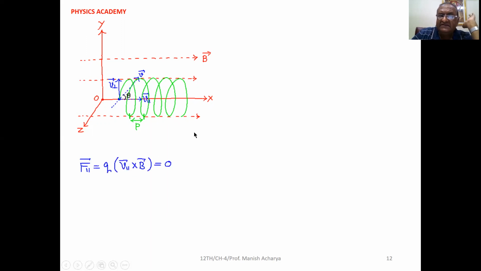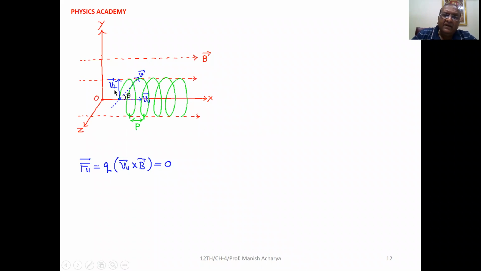So here we can write: in the direction of the magnetic field, for the velocity component v parallel, the force f parallel will be equal to 0. So we can say this charged particle will move in the direction of the magnetic field with constant velocity v parallel, because in the direction of the magnetic field the force is 0.